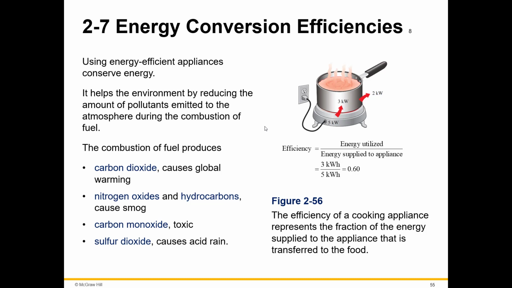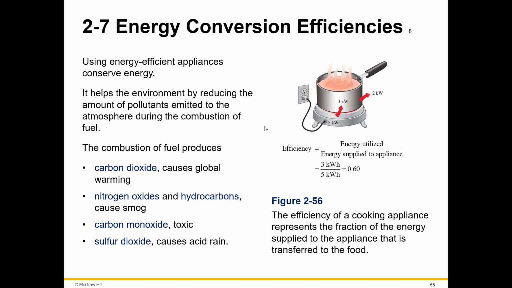So maybe not exactly when you are using it, but from the production standpoint, it definitely helps by reducing the pollutants. But also maybe in the combustion, if that's where you are the user of it.